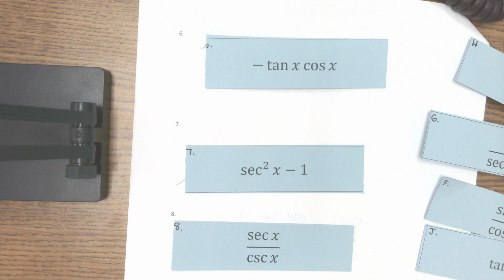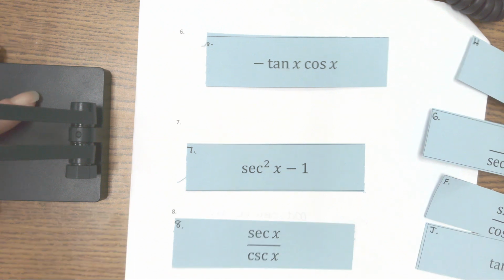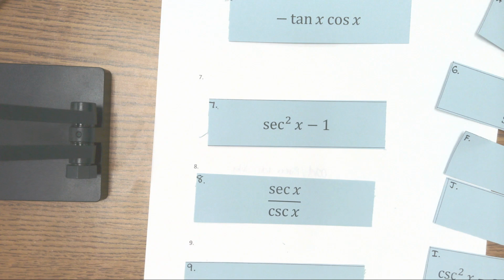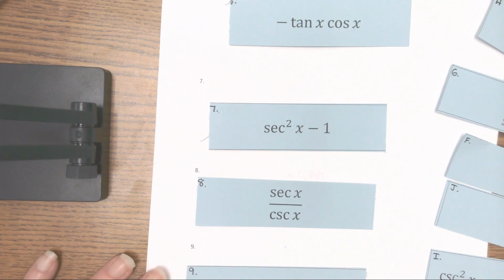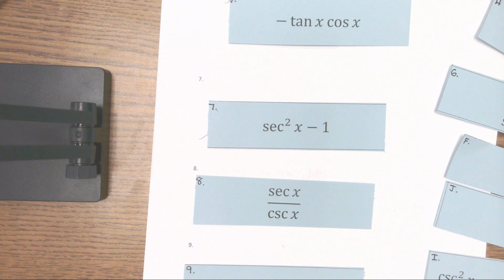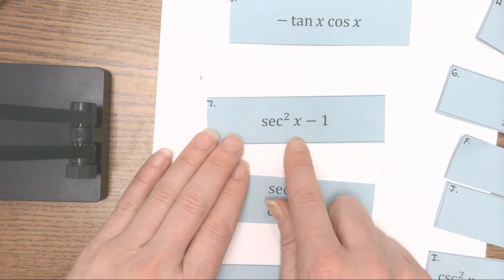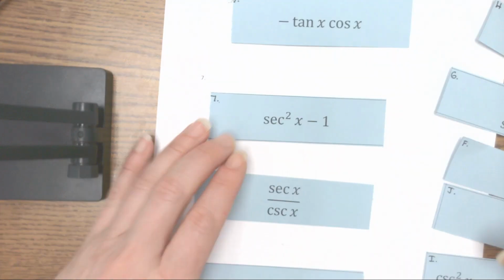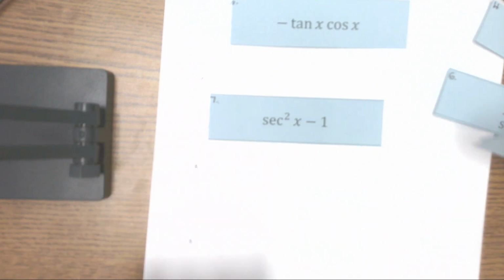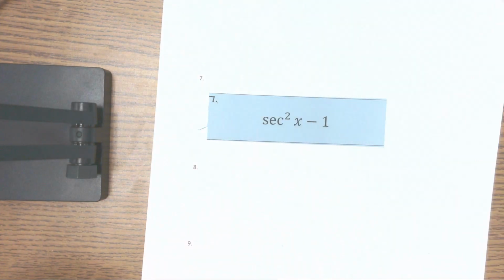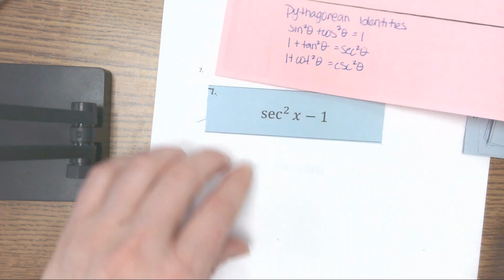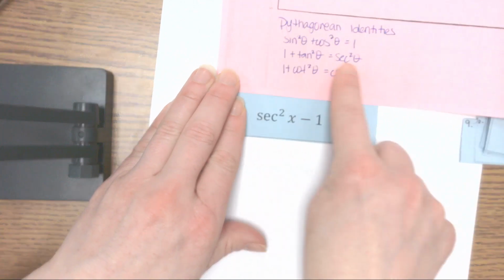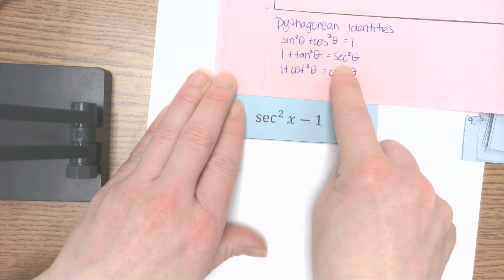All right, so these ones are going to be more complex, usually more steps. And so I'm going to have to do some work and try to work around with these. So I'm going to pick number 7, which is secant squared minus 1. I'm going to leave these off to the side. What I notice about secant squared x minus 1 is that it is the second Pythagorean identity rearranged.